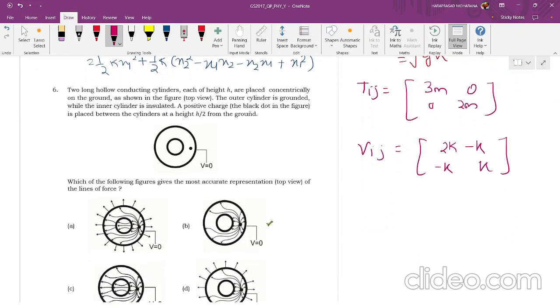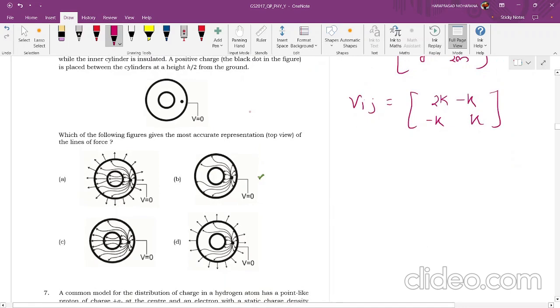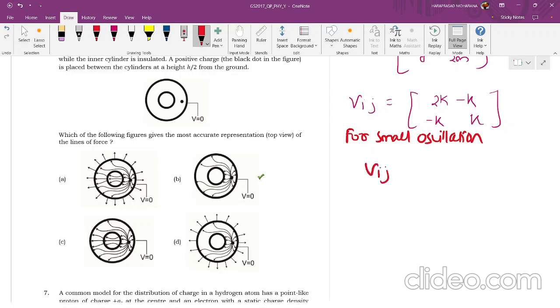The characteristic equation for small oscillation, if you all know this, is that the determinant of V minus omega square T should be 0.